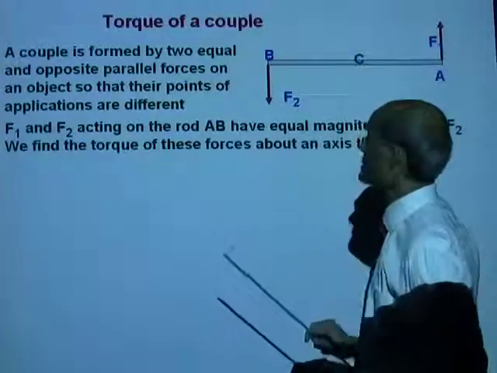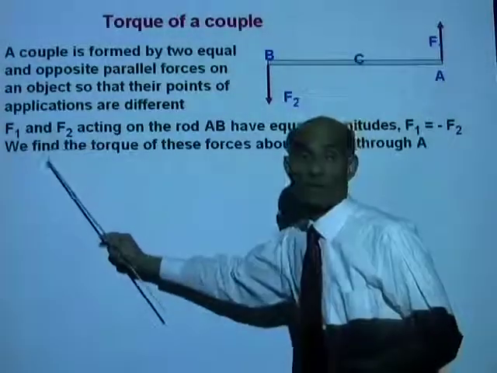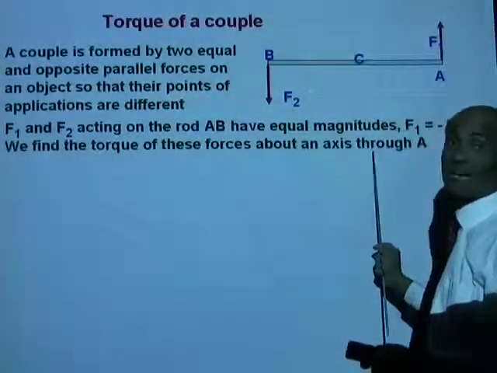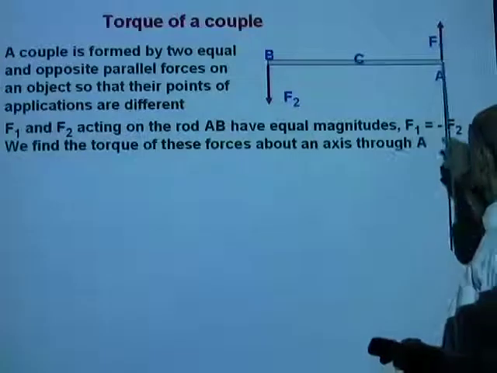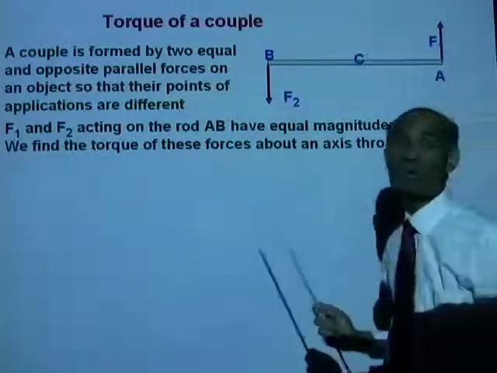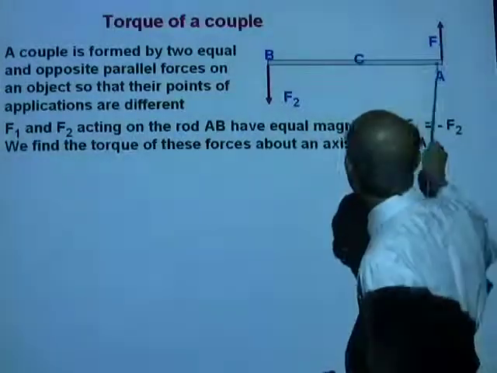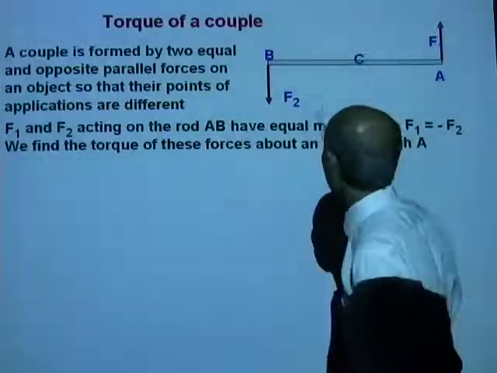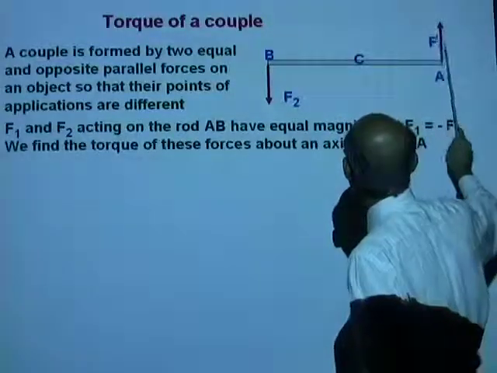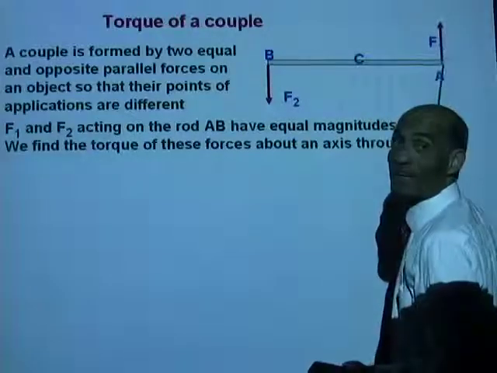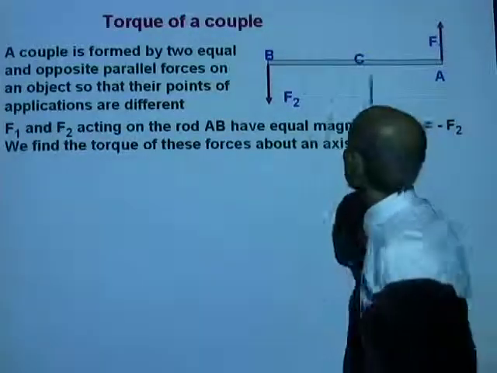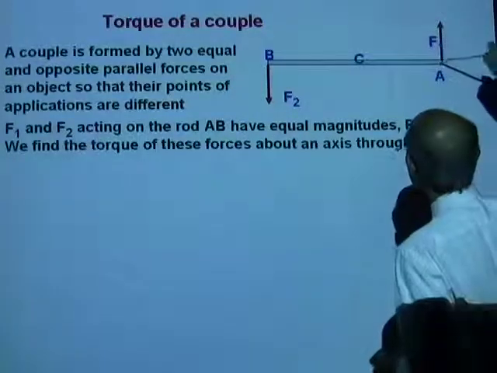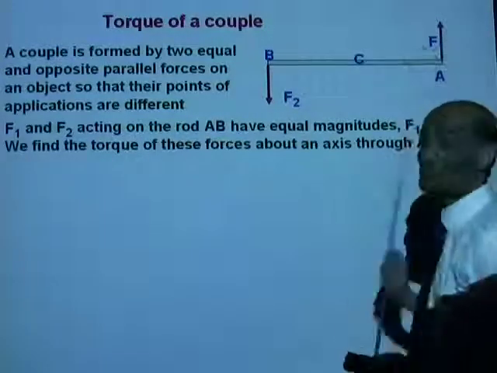Let's take a point C. We can now find the torque of these forces about an axis that passes through A. Can you tell me, what is the torque of the force F1 about an axis that passes through A?